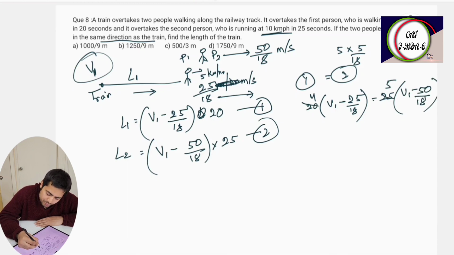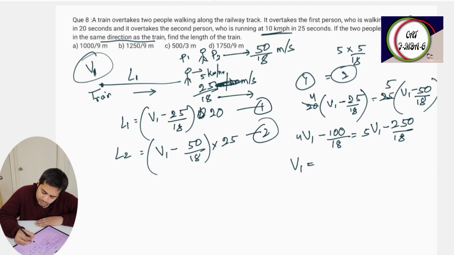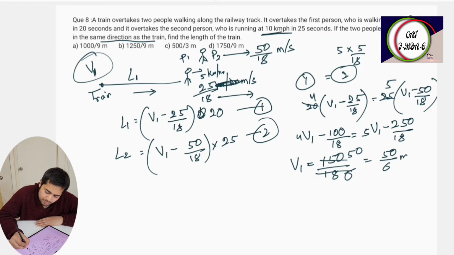So 4 V1 minus 100 by 18 is equal to 5 V1 minus 250 by 18, or V1 is equal to 250 minus 100, 150 by 18, which is 50 by 6 meter per second. Now find the length of the train.